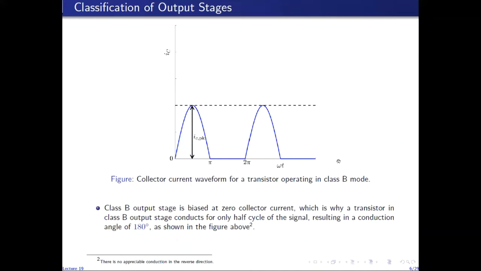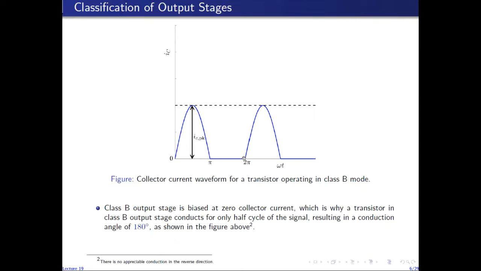If the output stage amplifier is biased at 0 collector current, then the collector waveform of a transistor in that output stage is shown in this diagram here. You can see that the transistor is biased at 0 current, and so it only conducts during the positive or one half cycle of the input signal.